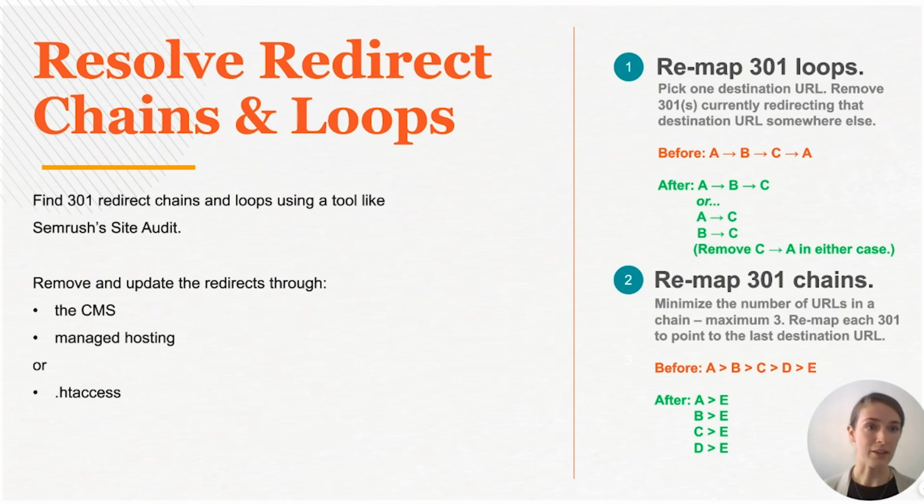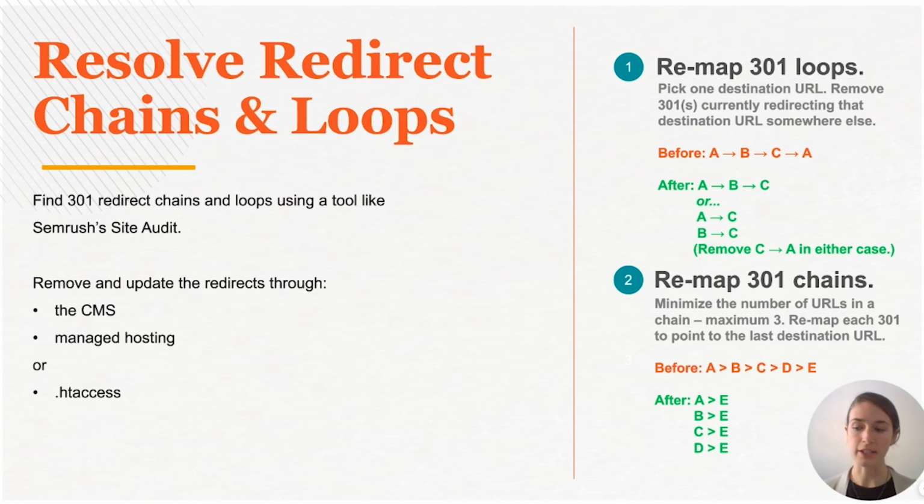So we see that C is being redirected to A, but we don't want that because it's our destination. So the first thing we're going to do is remove the 301 that points from C to A. And then finally, we are going to remap all the redirects in between to point to C, which is our final reliable destination.